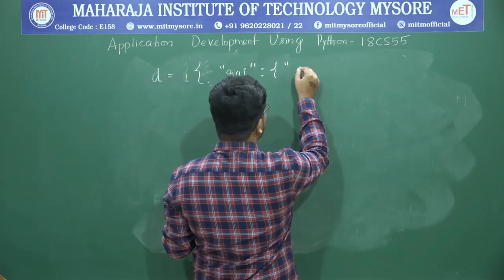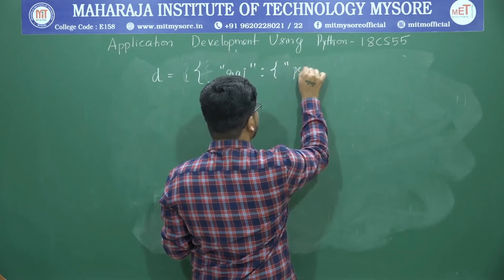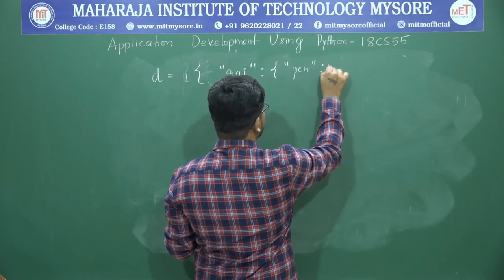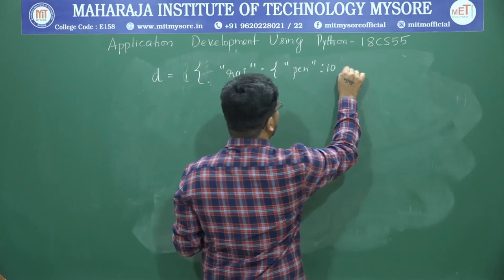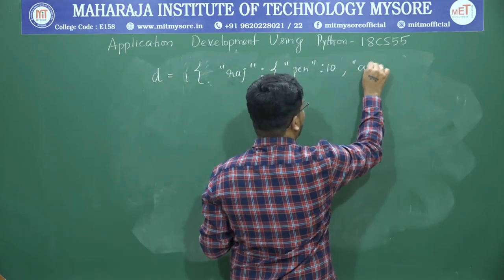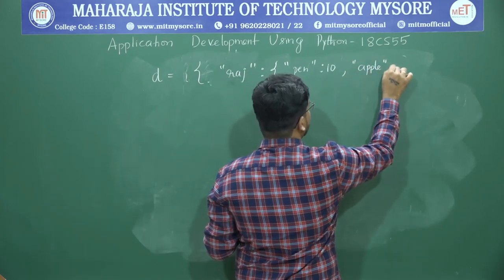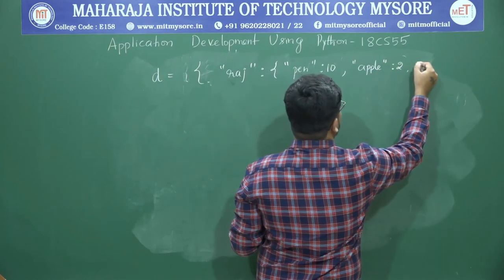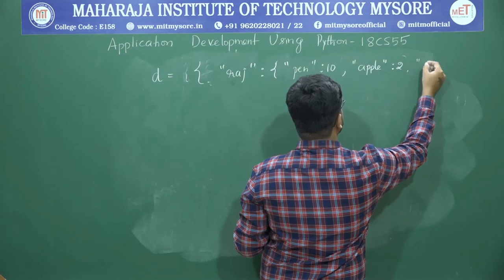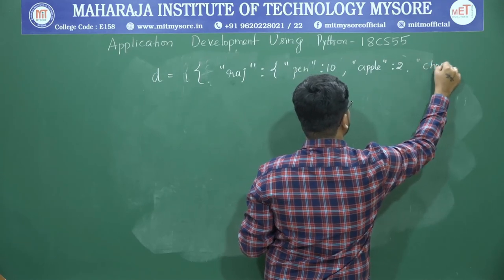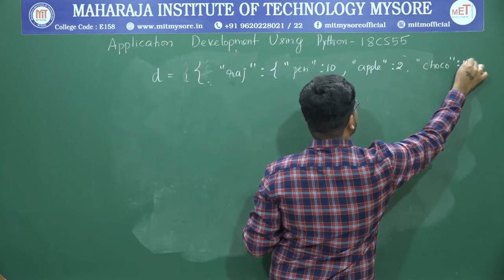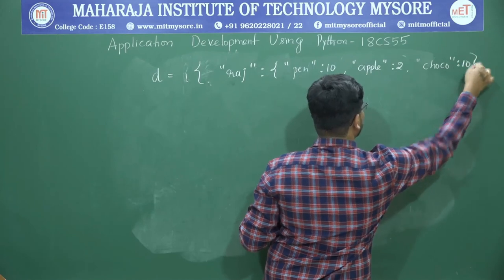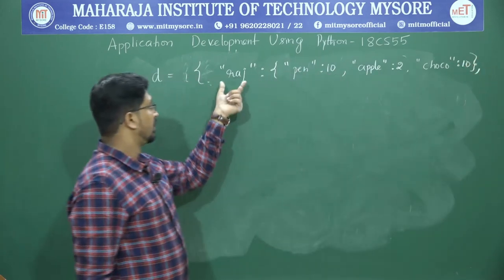Let us say I will write pen. He has purchased 10 pens, comma, apples, let us say 2 kg. Then I will write chocolates, some 10 chocolates. I will close this dictionary and comma. This is my first element.